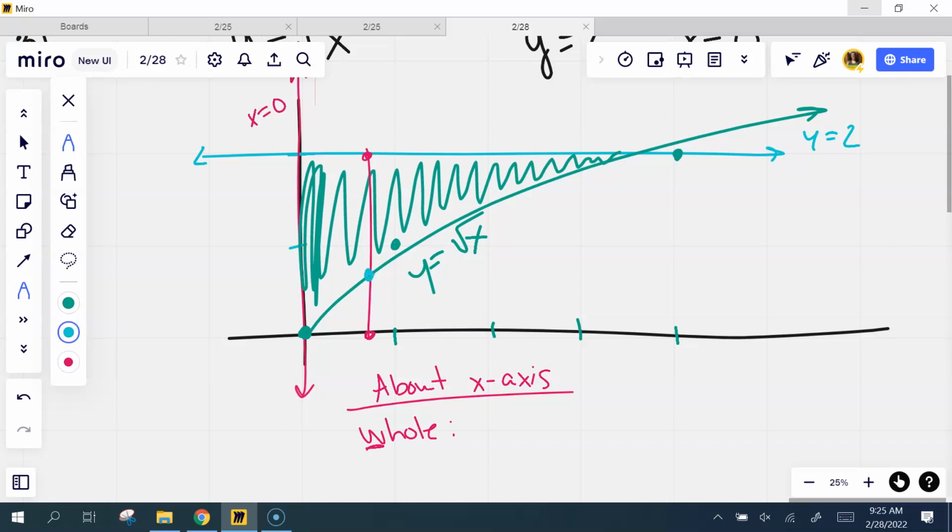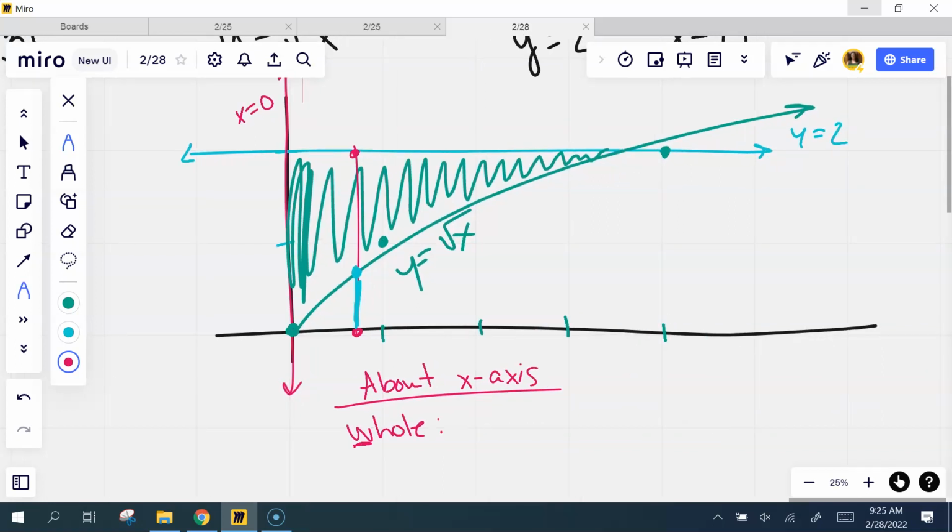The whole is the part with no shading down to the x-axis. My entire whole, the radius is just y equals 2, so it's just 2. So the area of the whole is pi times r squared, so it's 4 pi, because this line is y equals 2.